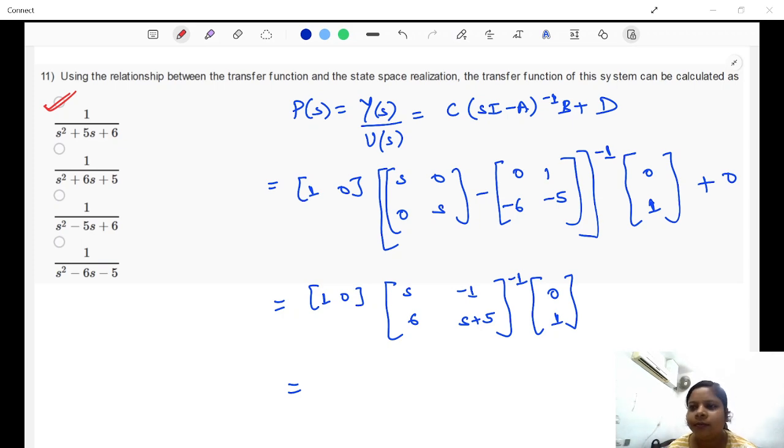Did you solve? You should have option A as the answer. It is just taking the inverse of a 2 cross 2 matrix. Not that tough.